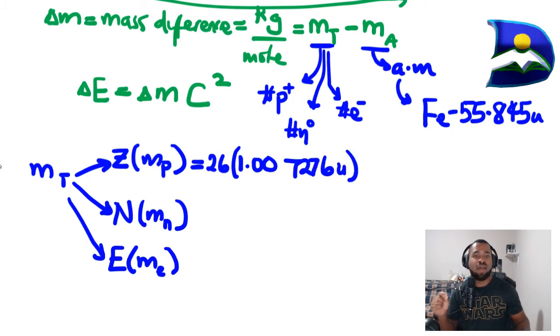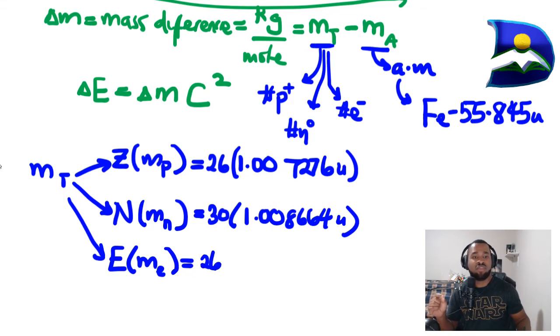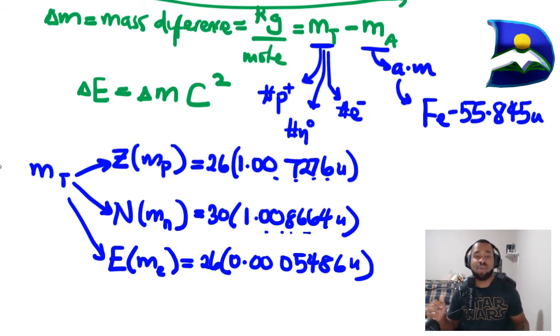1.007276 U. And so our next one is for our neutron, and we have 30 of them, and this is going to be multiplied by 1.008664 U. And finally, for our electrons, we know that we have 26 of them, and this is multiplied by 0.000548 U. So take note that these numbers are gotten from a table, or you can go on the internet and type what is the atomic mass unit of a proton, a neutron, and an electron, and you're going to get those numbers.